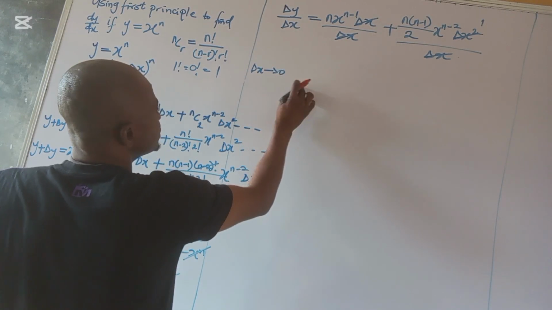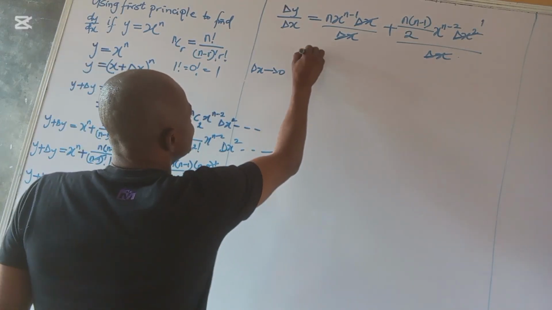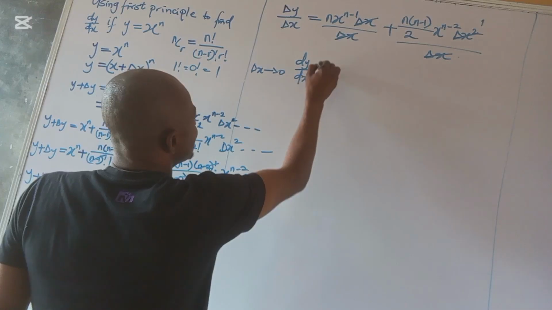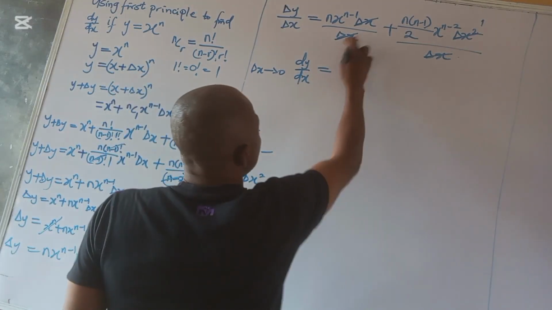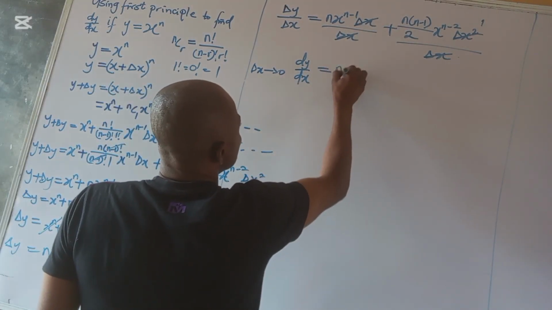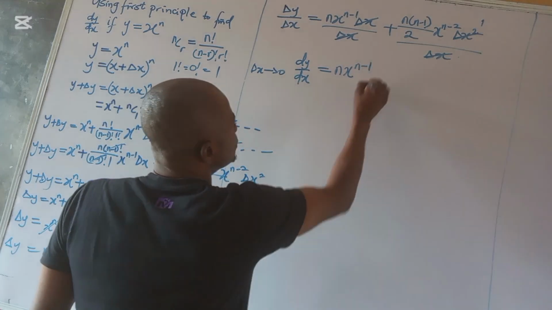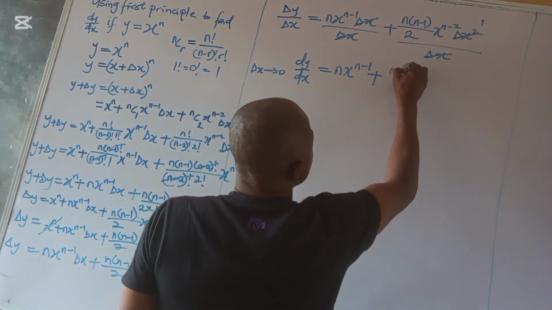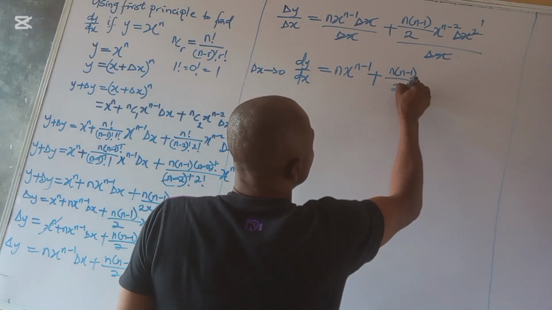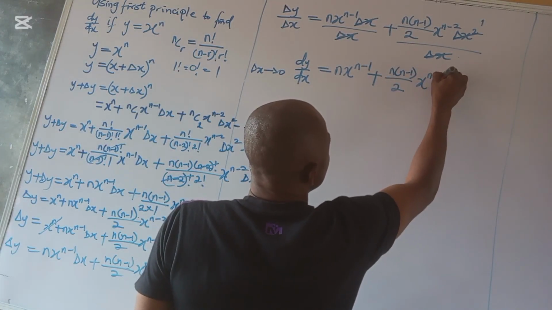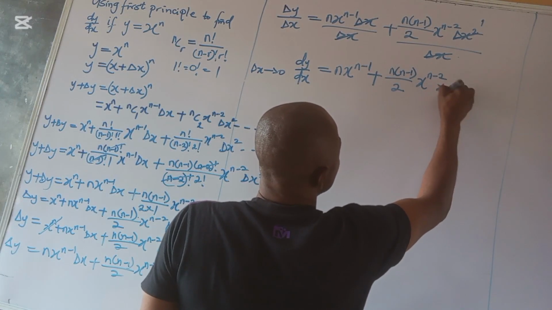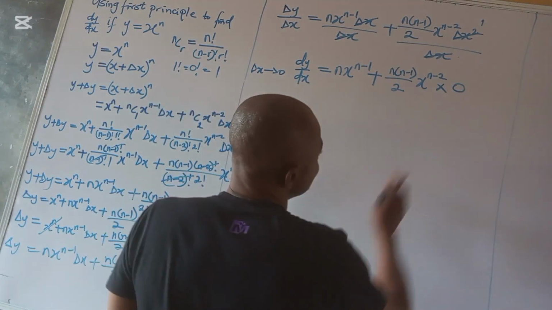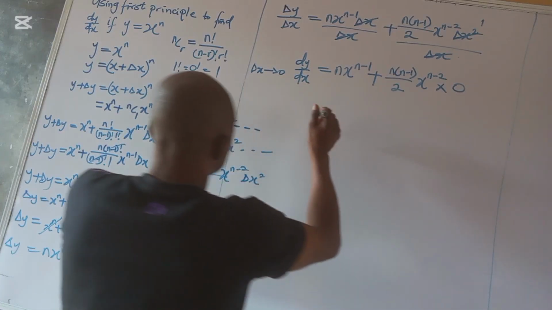As change in x tends to 0, change in y over change in x becomes dy/dx. Do I have anything else? No, I have only n x^(n-1) plus n into (n-1) over 2 x^(n-2) multiplied by change in x, which is 0. Everything multiplied by 0 will give us 0.